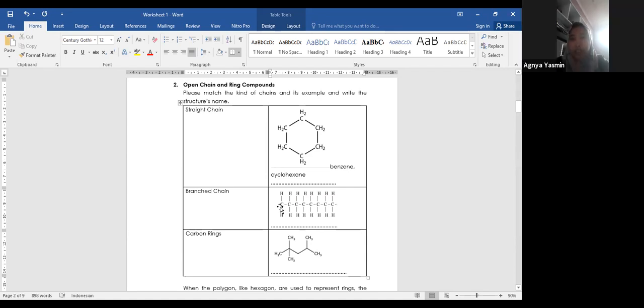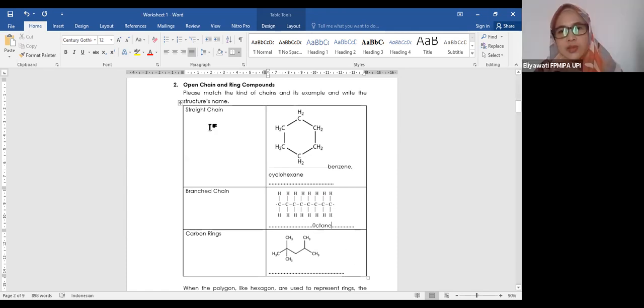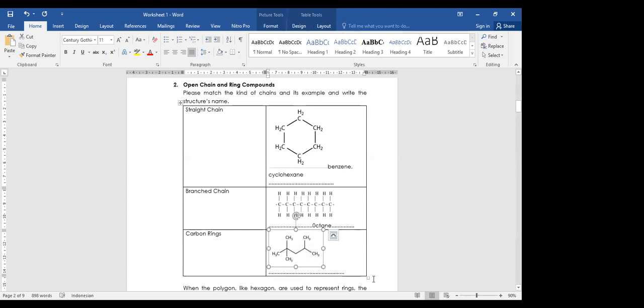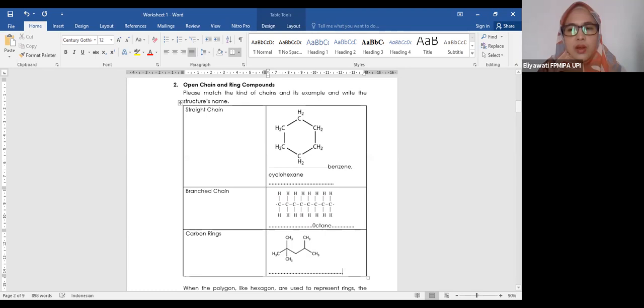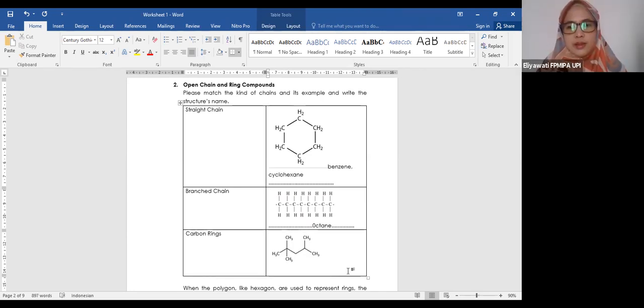Octane. Okay, good. It's a straight chain. And then the last, branch chain. So what's the name? 2,2,3 trimethyl pentane. 3-methyl pentane. Okay, thank you.